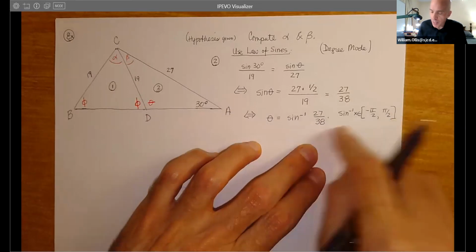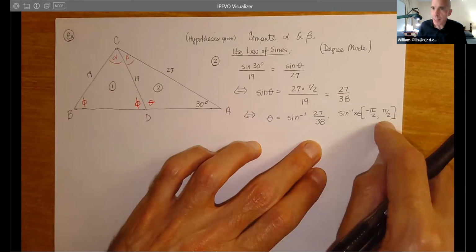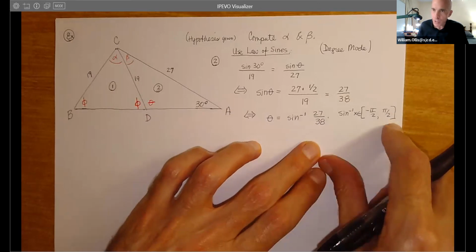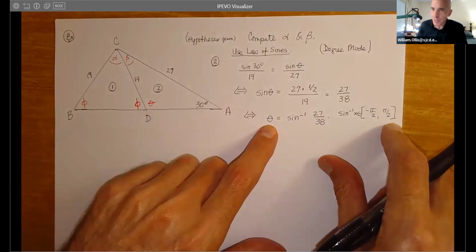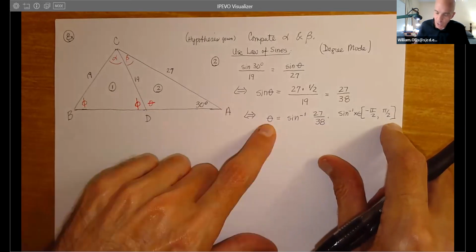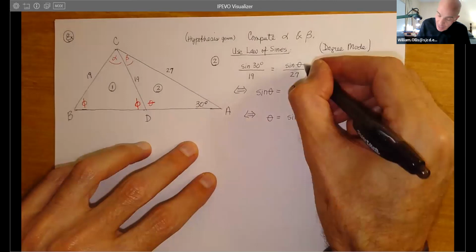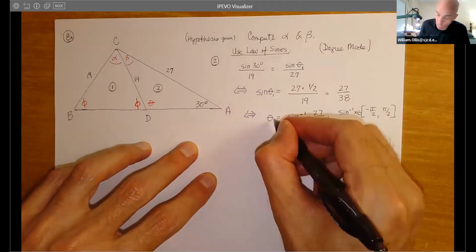So when we look at this, we're saying that this is going to be an angle between 0 and 90 degrees. This is an obtuse angle. So now we're going to have to make a little bit of an adjustment here. So when we think about this particular value here, we need an adjustment. So I'm going to think of this as a theta 1, and theta 1.